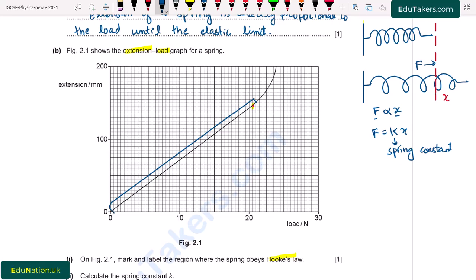I write here obey Hooke's law. I also highlight this region with a highlighter.